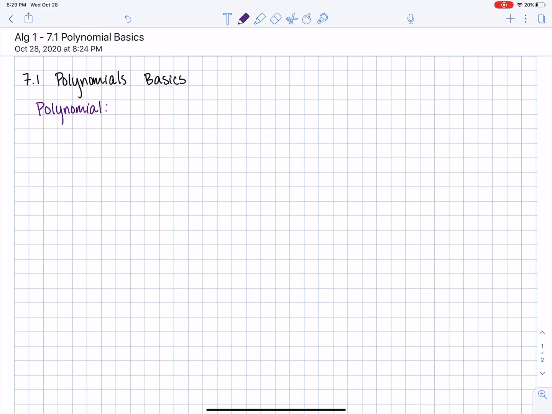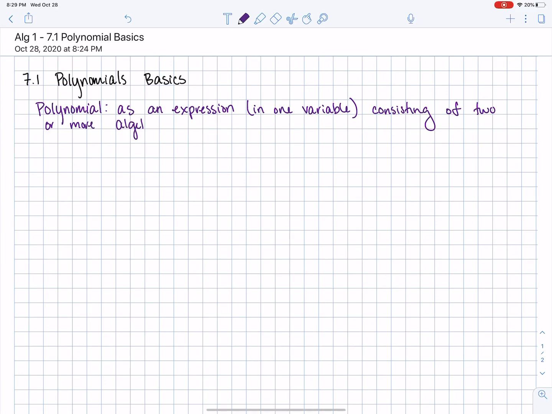In Algebra 1, we're going to define polynomial as an expression in one variable consisting of two or more algebraic terms added together.